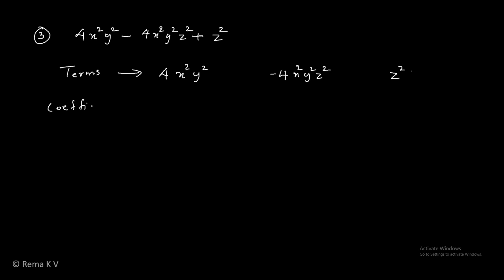So what is the coefficient of the first term? Okay, 3 terms are here. The first term is 4x square y square. Second term is minus 4x square y square z square. And the third term is z square. So 3 terms are there. What is the coefficient of the first term? Coefficient of first term is 4.